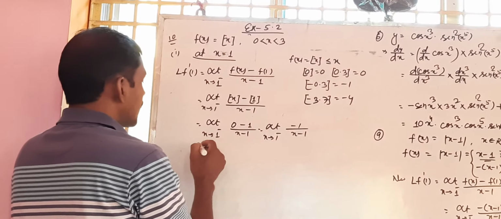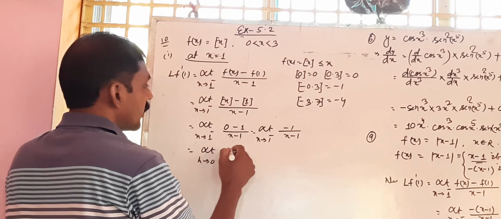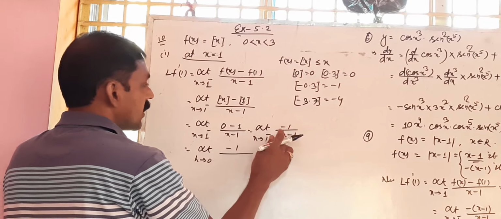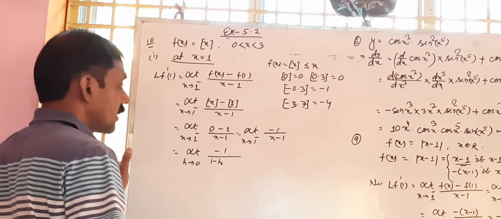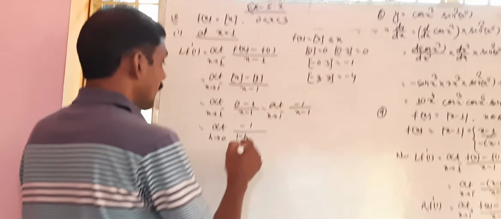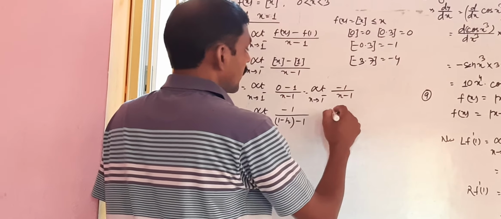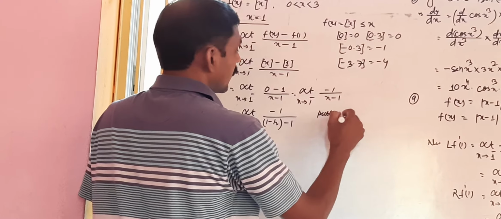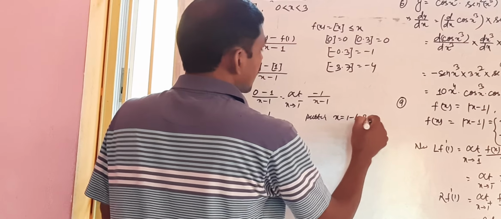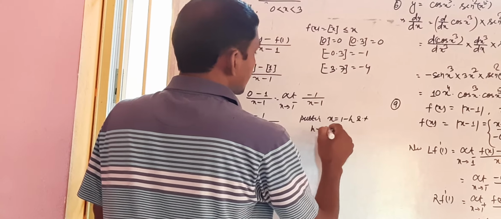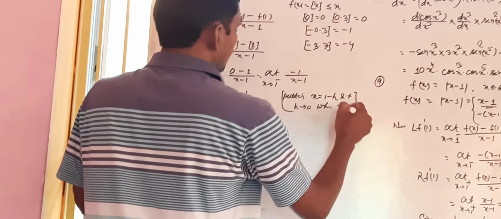Now if we use the substitution method, put x equal to 1 minus h, such that h tends to 0 when x tends to 1.